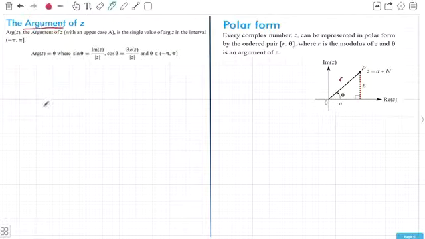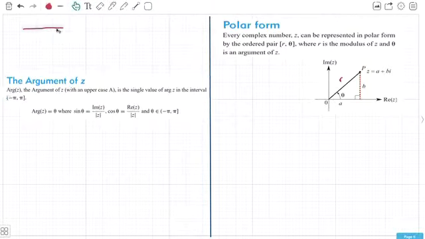Okay, so this is called the argument of z, and do you see it's got a capital A this time? Now the key difference, I should say, between the argument with the capital A and the little a, is that when you're dealing with the little arg, if you had, for example, a complex number, let's say here, I'm just going to do pi on 4 as an angle here to z. So we'll do z equals 1 plus i.